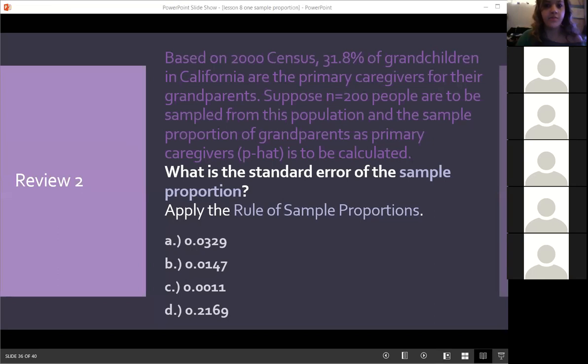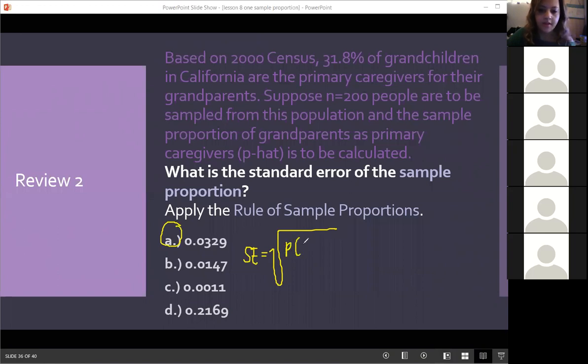Great job, everyone. A is correct. I didn't mean to make all of them A, but A is our correct answer because remember, the standard error for sample proportions is the square root of p times 1 minus p, or p-hat, divided by our sample size n.